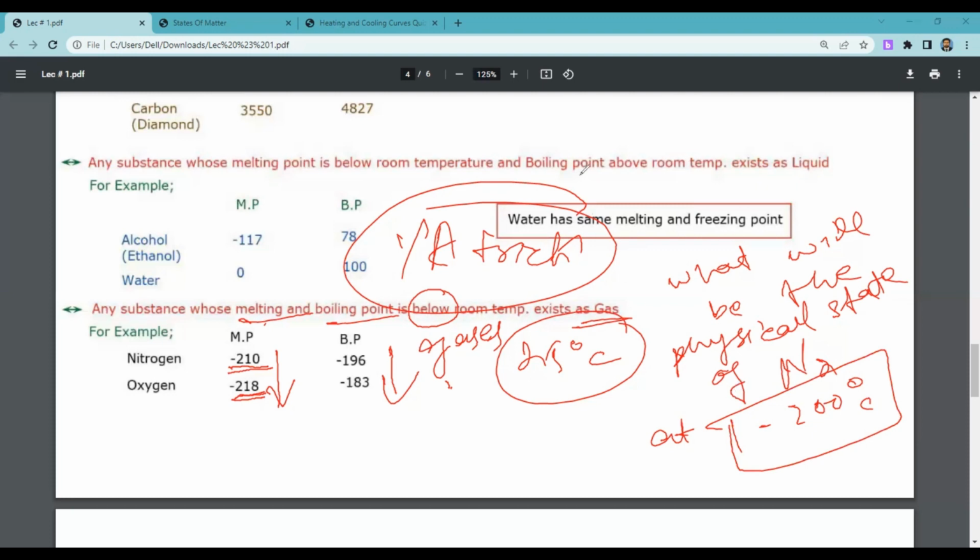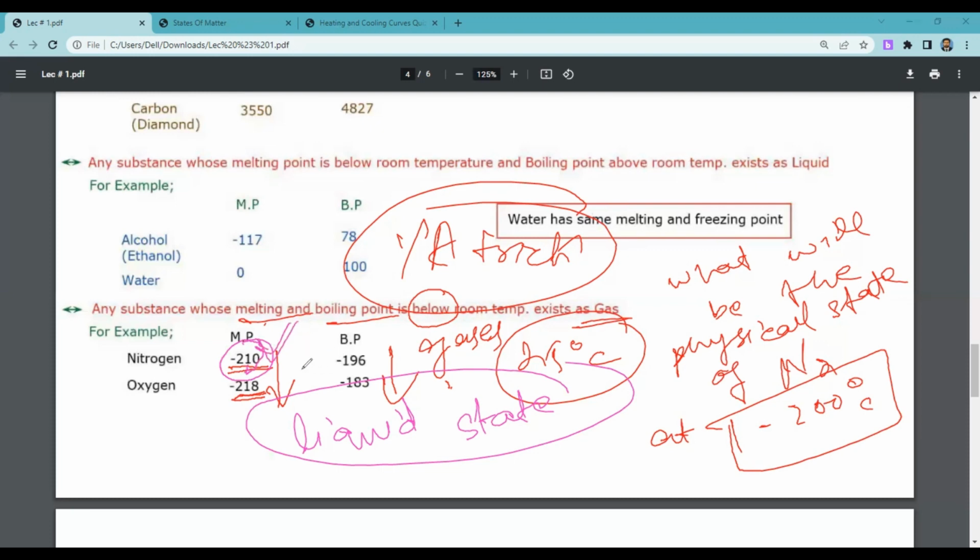The answer is liquid state, because its melting point is -210 degrees centigrade. It means that in the range between -210 and -196, the substance will exist in liquid state.